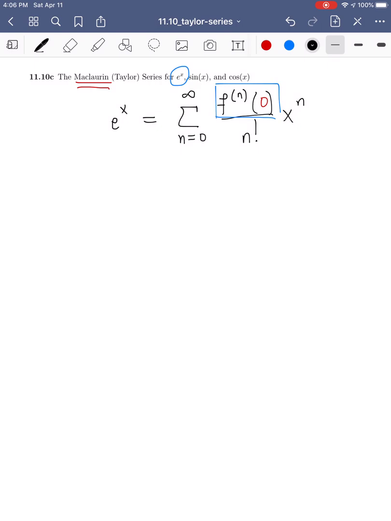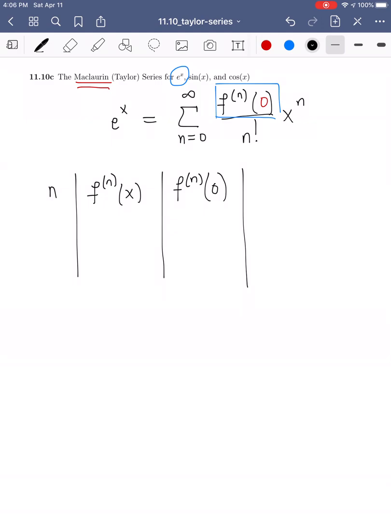The way that I like doing this is making a table: n, the nth derivative of the function at x, the nth derivative of the function evaluated at 0, again because this is a Maclaurin series, and then finally putting it all together for that coefficient itself, the nth derivative at 0 all over n factorial.